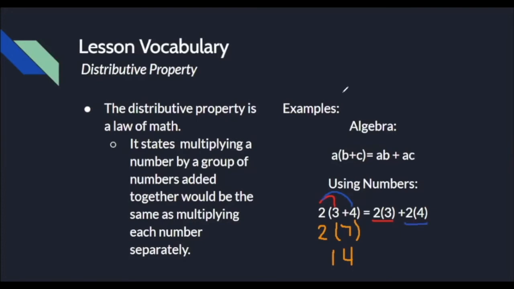Notice I kept the addition sign that was already there. 2 times 3 is equal to 6. And 2 times 4 is equal to 8. 6 plus 8 is equal to 14.